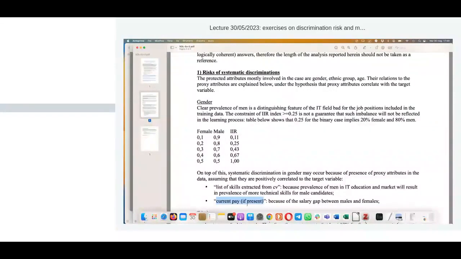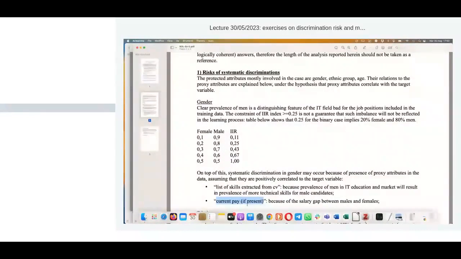But in order to get an effect on the recommendation, because the algorithm is trained on the data, you should have this link. So you have to make the hypothesis. If you indicate in your answer that there is a discrimination risk because current pay is a proxy of gender, that's fine.